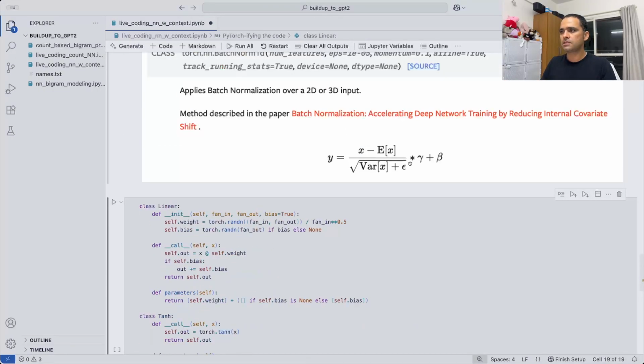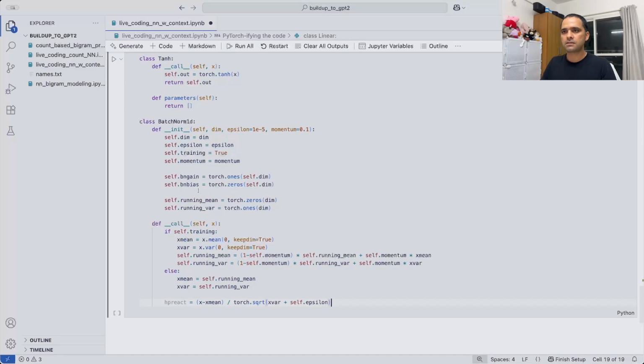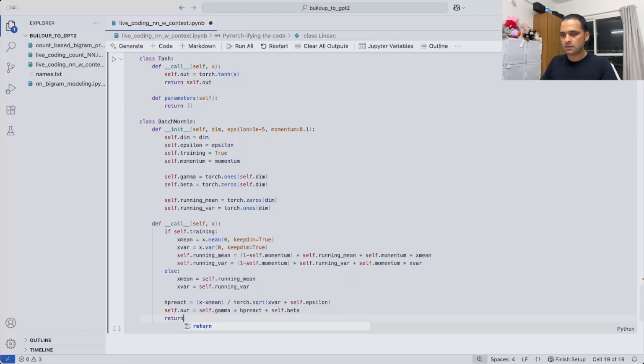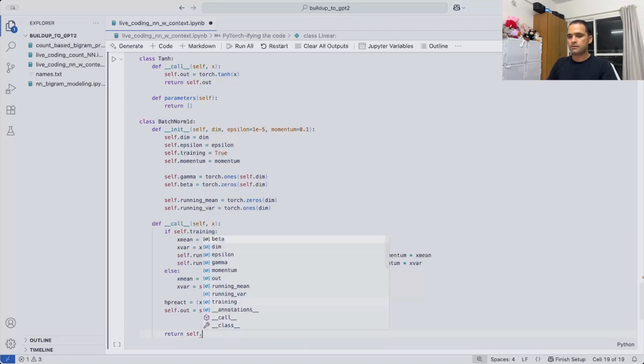Here, because it's mentioned as gamma and beta, we can change the nomenclature. Instead of gain and bias, we can say gamma and beta. So then self.out is self.gamma times h preact plus self.beta, and we'll return self.out.